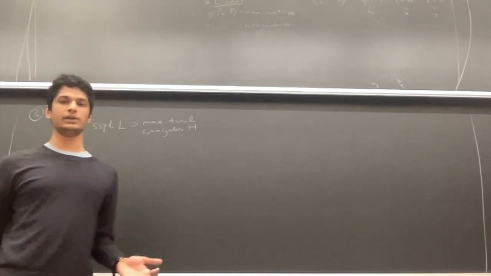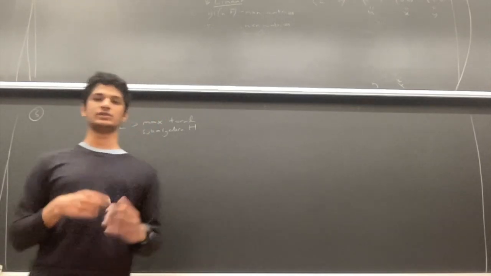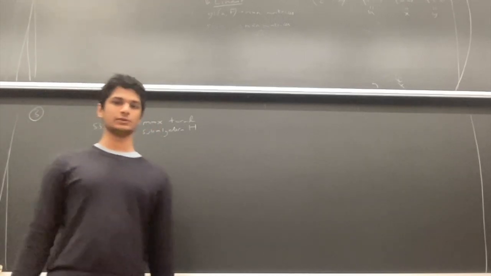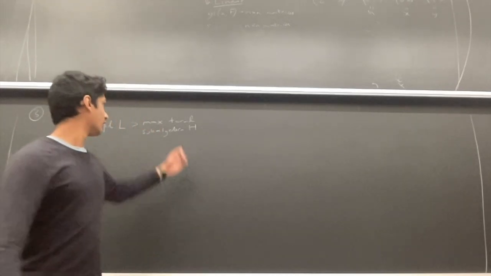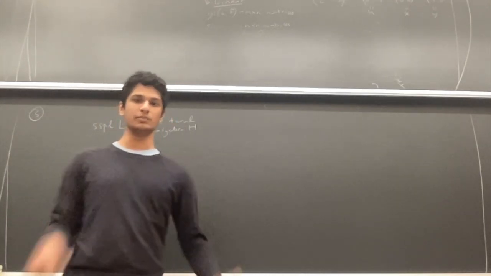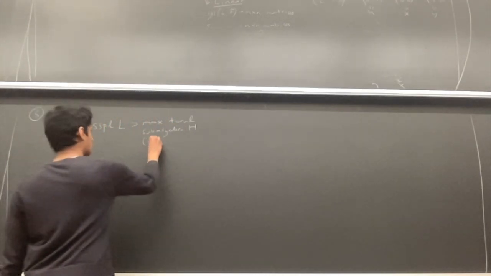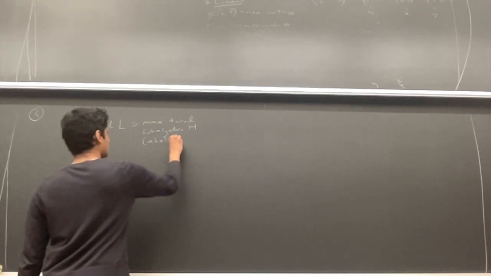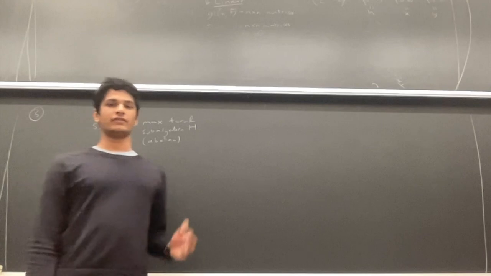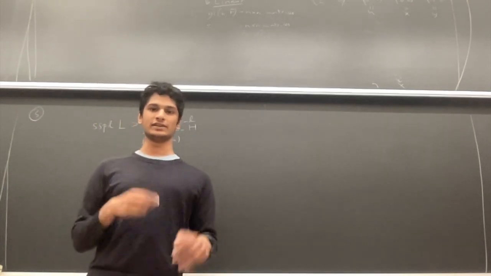What does toral mean? Toral means that all of the elements are diagonalizable. And it's the fact that any toral subalgebra is abelian, and that means everything commutes. All right, so we have H, which is a bunch of diagonalizable things that commute.